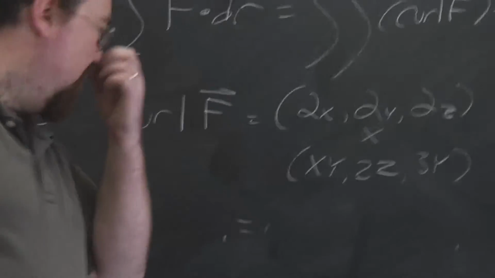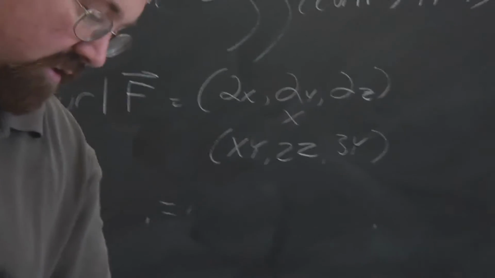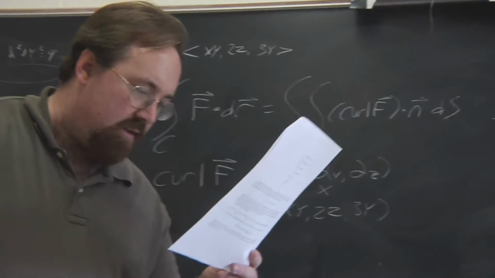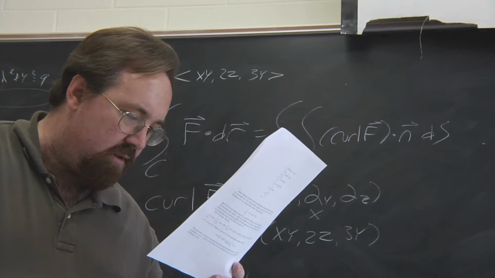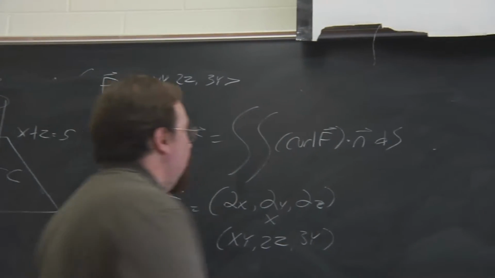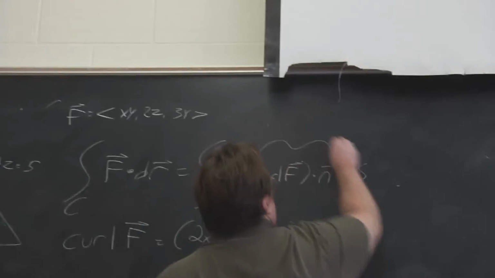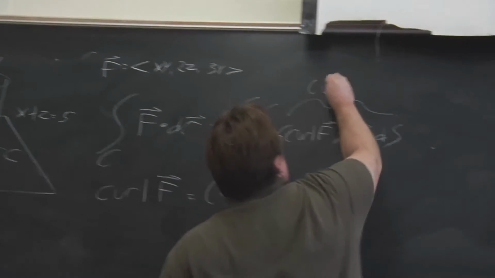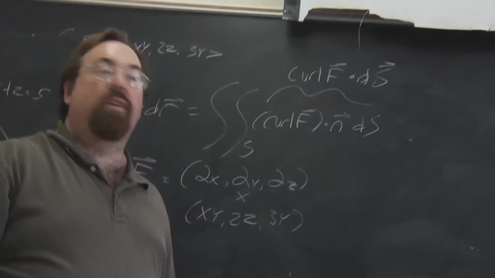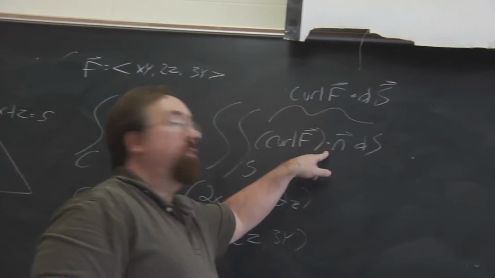What about in your notes at the very bottom of the page, at the beginning? It has curl F dot dS. Oh, okay. There's two ways of writing it. So we can also write it as curl F dot dS, the vector symbol, but that is equal to this.